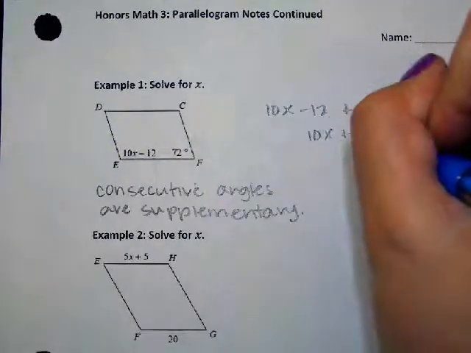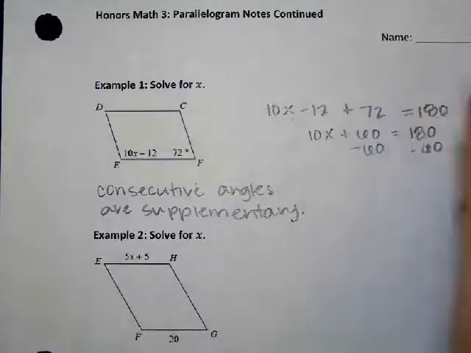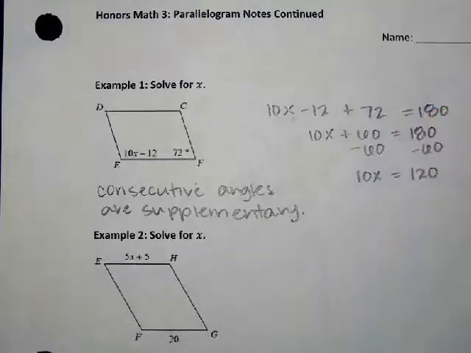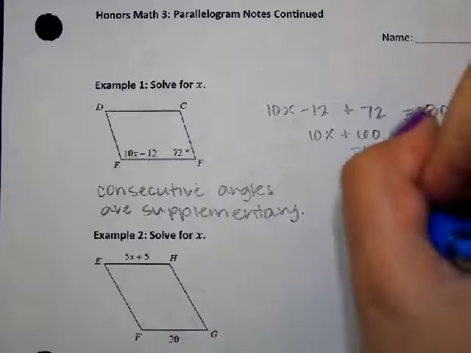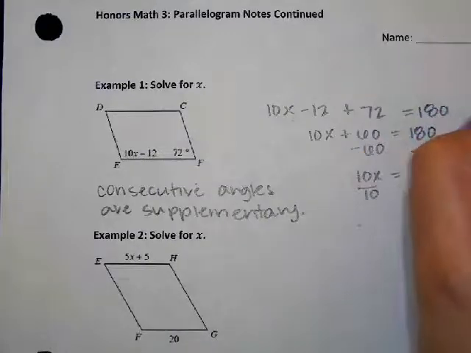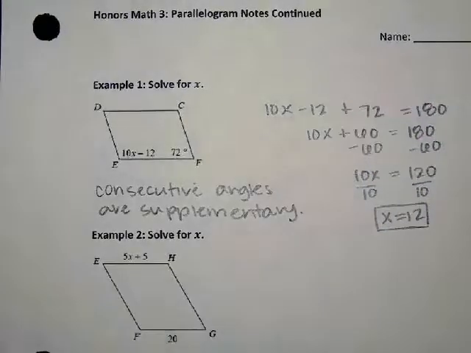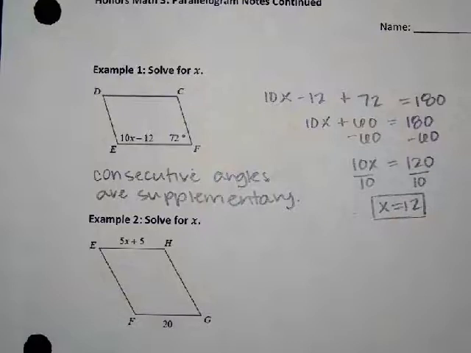And then we can subtract the 60 over, 10x equals 120. And so x equals 12. And all they asked us to do was solve for x, so we're good.